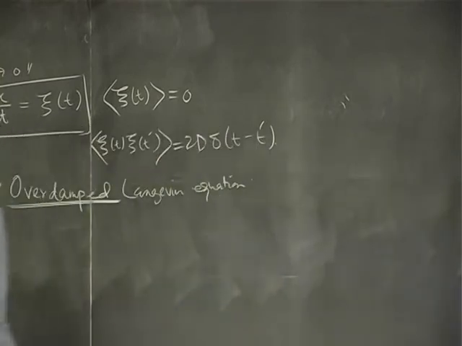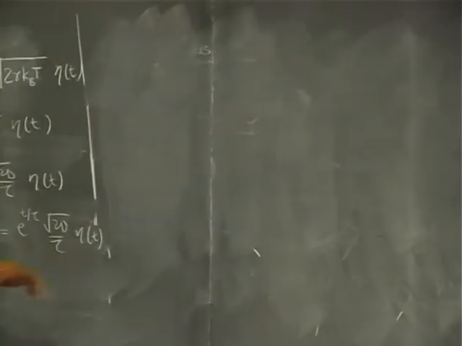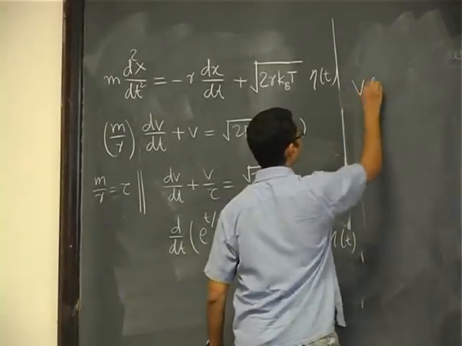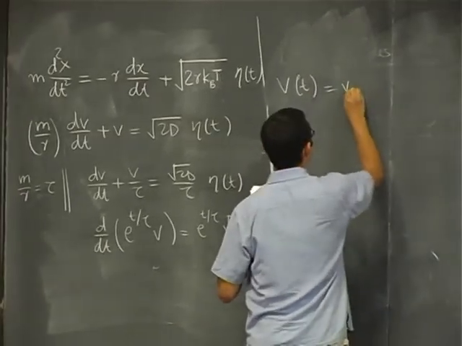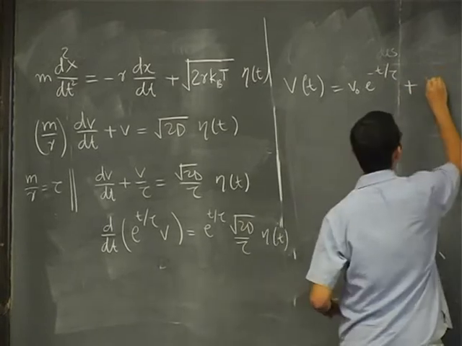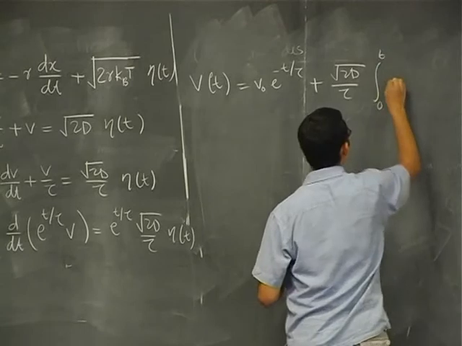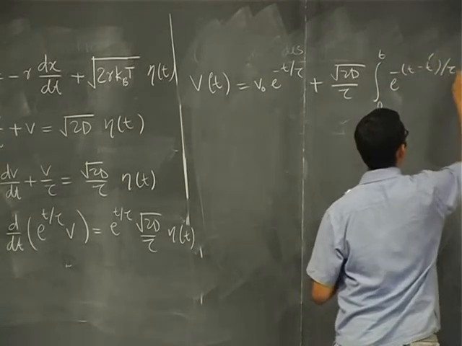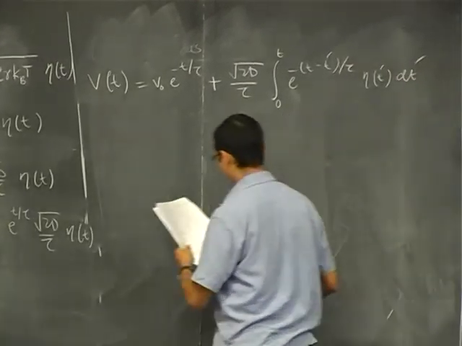So you can just obtain the velocity at time t. Let me write it down anyway. So this is equal to v0 e power minus t by tau plus the integral of root 2D by tau, e power minus (t minus t prime) by tau, times the noise eta t prime.